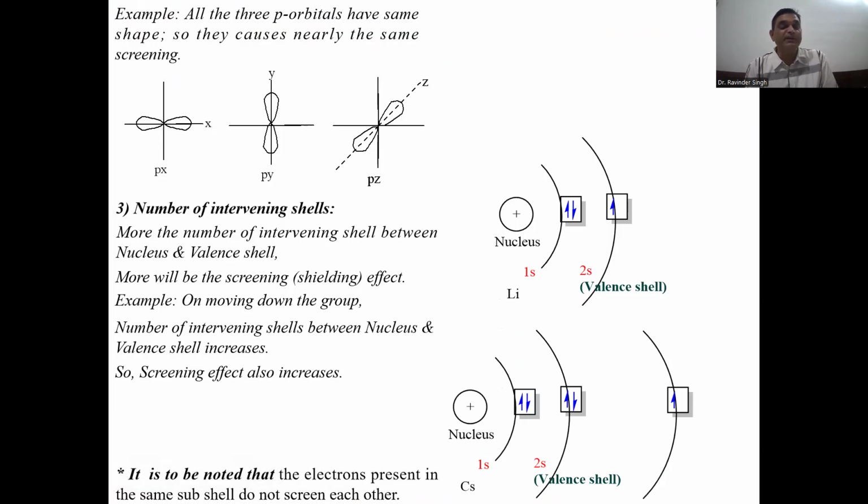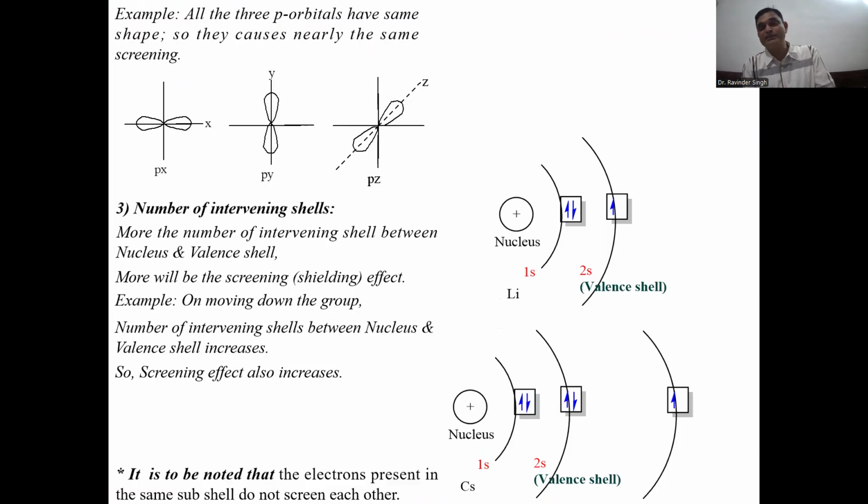It is to be noted that electrons present in the same subshell do not screen each other in general. But when we study Slater's rule, we will see that electrons even in the same subshell cause some screening effect on each other. That can be explained using Slater's rule.